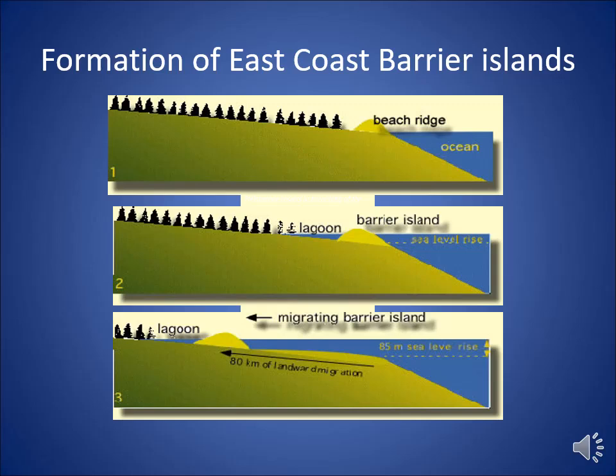The side of the barrier that faces the ocean experiences higher wave energy, and so it begins to erode. But on the quiet lagoon side, sediment actually accumulates. And so with rising sea levels, as you can see in the lower image, these islands begin to migrate, and they migrate towards the mainland, which is exactly what we see our barriers doing today.